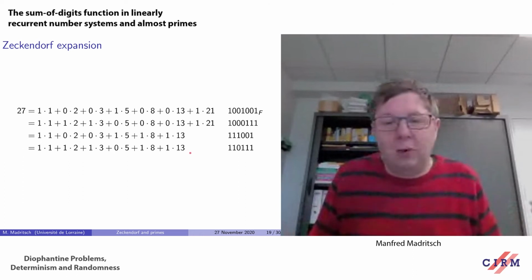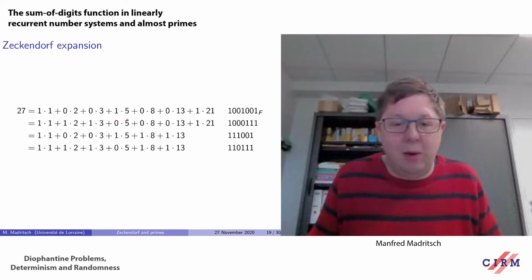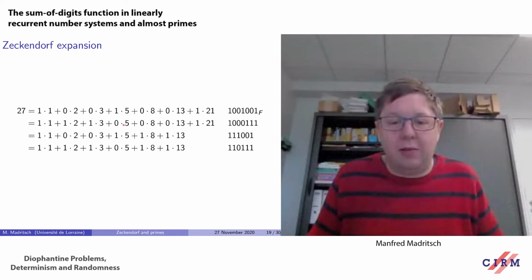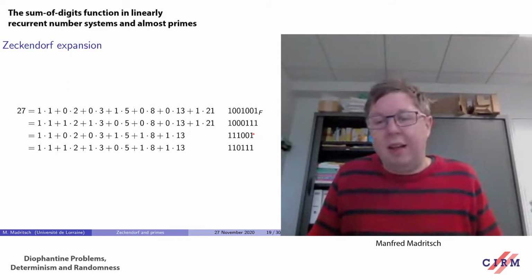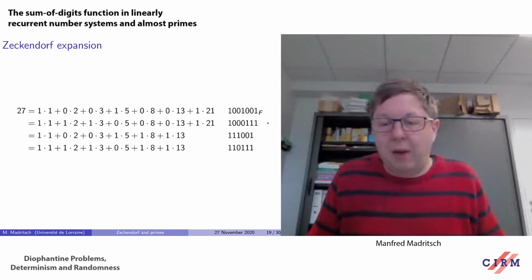You have an overlap, for example, you can either take 1 times 5, or you take 1 times 2 and another 1 times 3, which also gives 5. So then you have another representation, and similarly for 21, 8 plus 13 is also 21, and by convention you take the expansion that has no consecutive ones in the representation.